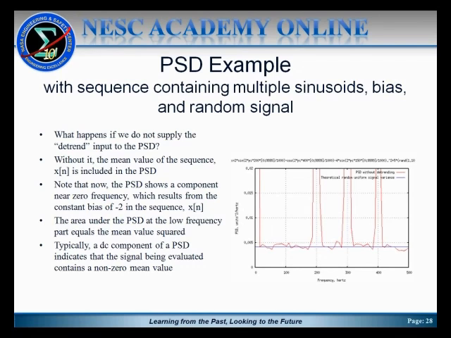So typically what you'll see if you haven't pre-processed some sensor signal or some other signal that you're evaluating and you see a DC component, in other words a zero frequency component, that indicates that the signal you're evaluating has a non-zero mean value. So just be on the lookout for a spike in the PSD at zero frequency, because that's what it means.